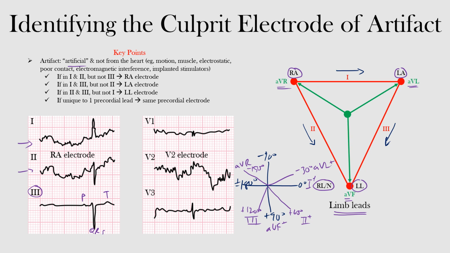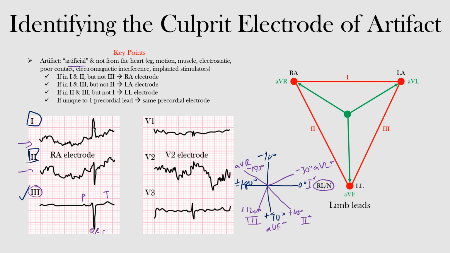If we see an artifact in leads 1 and 2, but not in lead 3, this means that the right arm electrode is the source of the artifact. How do we know that? You can see this in the example. Leads 1 and 2 have artifact in them, but lead 3 is okay. Let's figure out why the right arm is responsible.